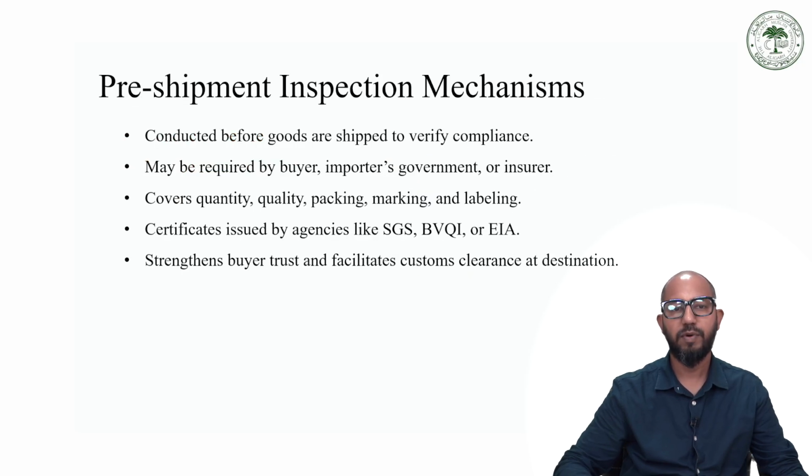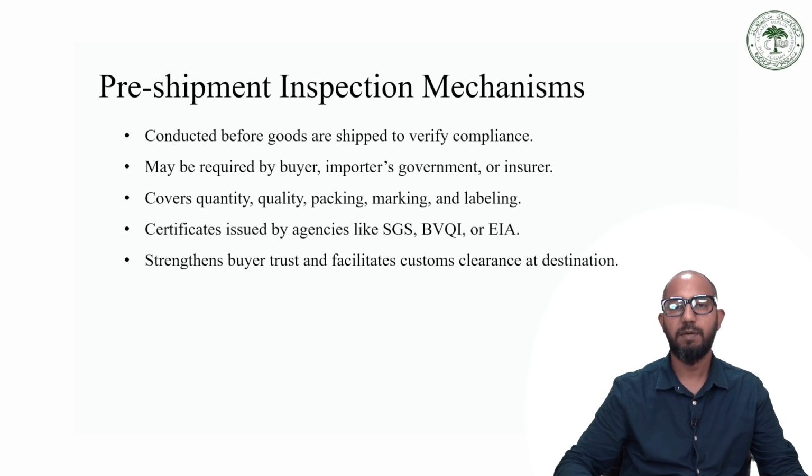Let us now try to talk about pre-shipment inspection mechanisms. Pre-shipment inspection mechanisms are conducted before goods are shipped to verify compliance. They may be required by the buyer, the importer's government or the insurer. The pre-shipment inspection mechanisms cover quantity, quality, packing, marking and labeling.